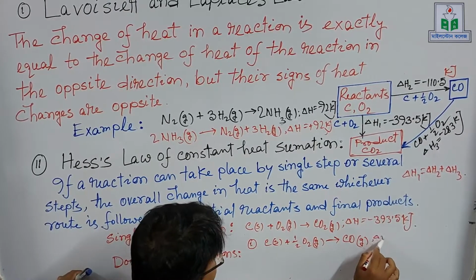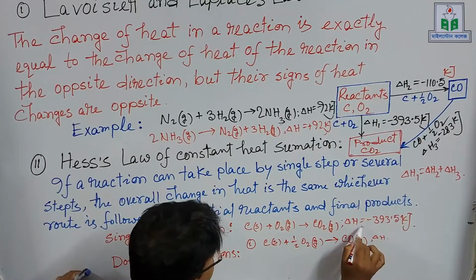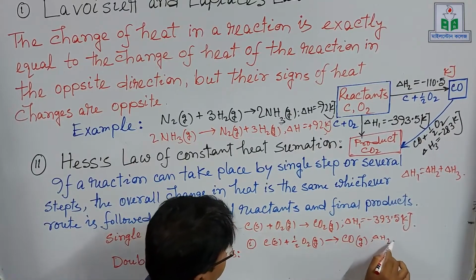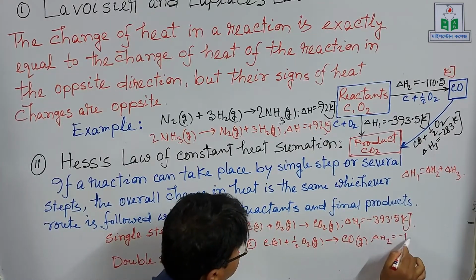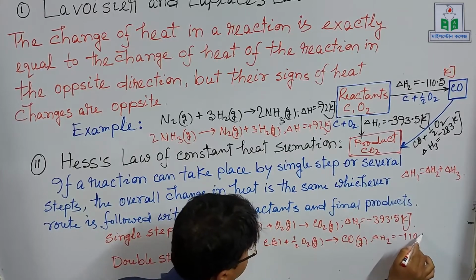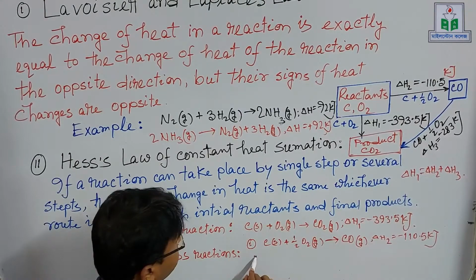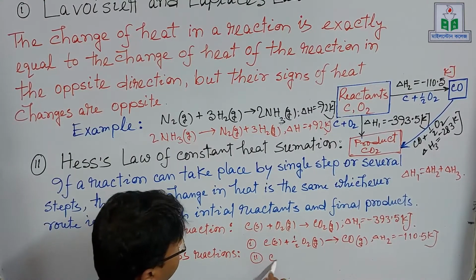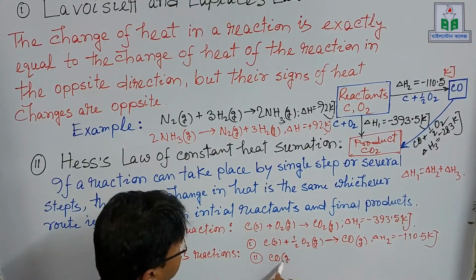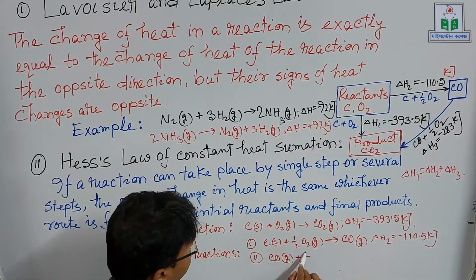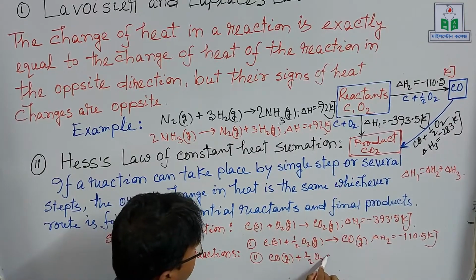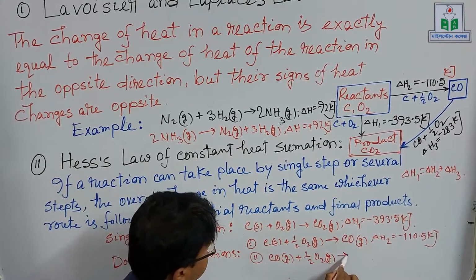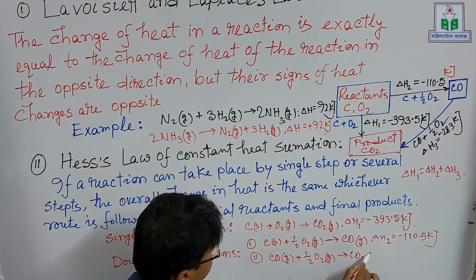Here delta H2 equals minus 110.5 kilojoule. Again, in the second step, carbon monoxide gas reacts with oxygen to produce the final product carbon dioxide.